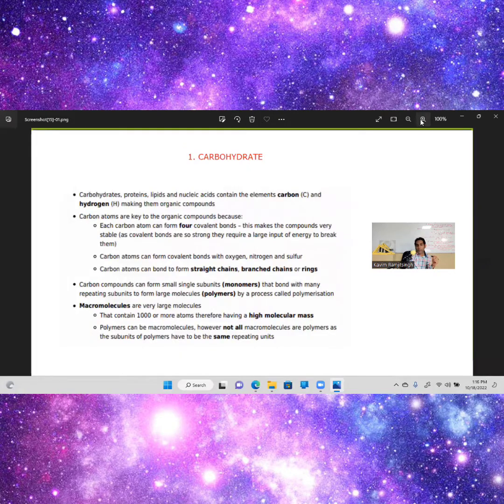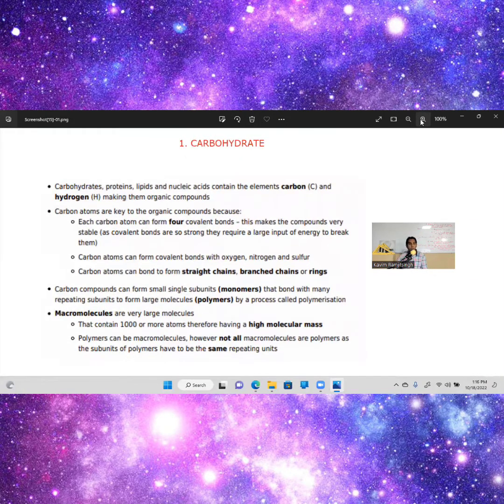So the first one we want to look at here is the carbohydrates. From CSEC biology, you already have the first line there, made up of carbon and hydrogen and oxygen, right? And you remember from CSEC chemistry, you know that carbon has four, it could facilitate four covalent bonds, right?